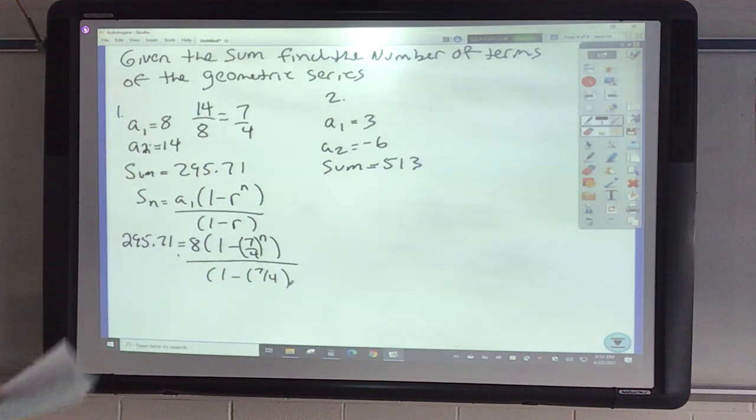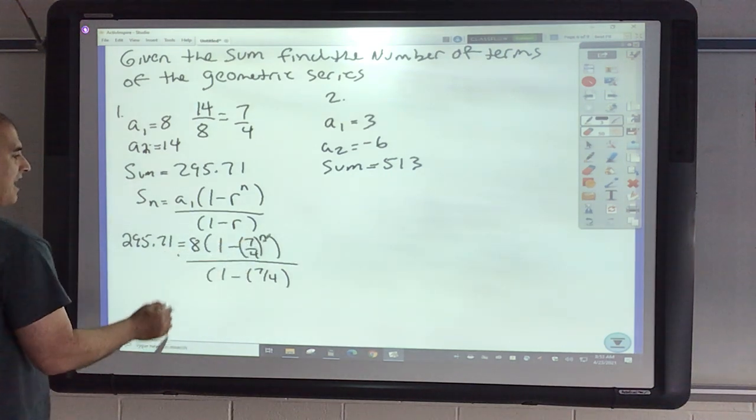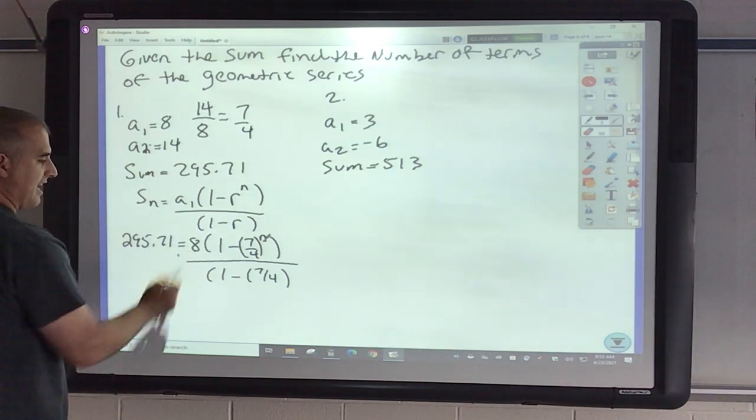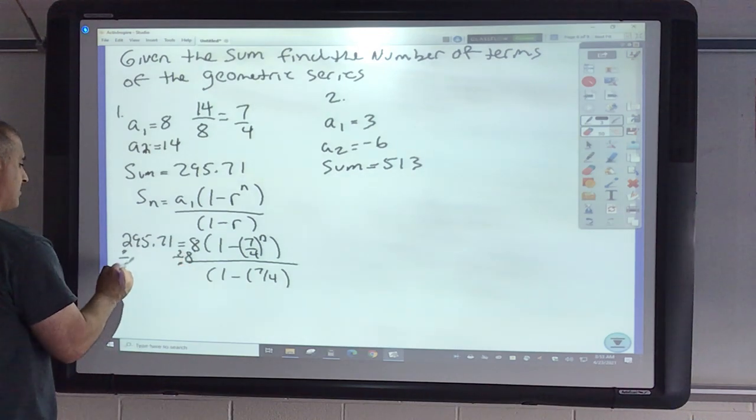Now, here's how you end up handling this algebraically. I want to basically find n. There's a number of ways you can do this. What I would do is get rid of this 8 first, so I'm going to divide all sides by 8.